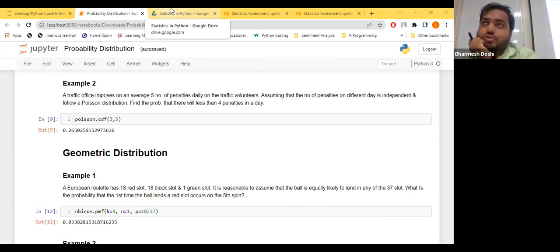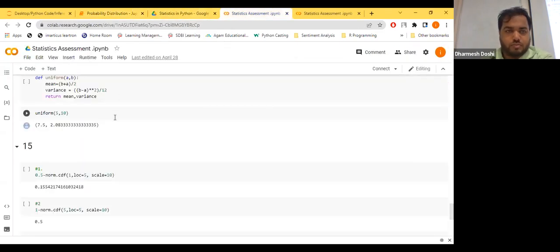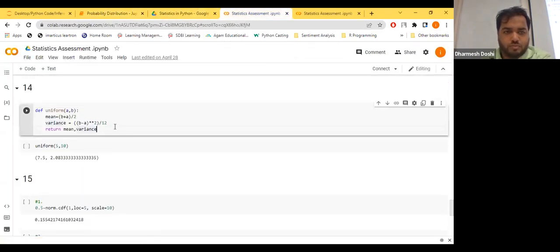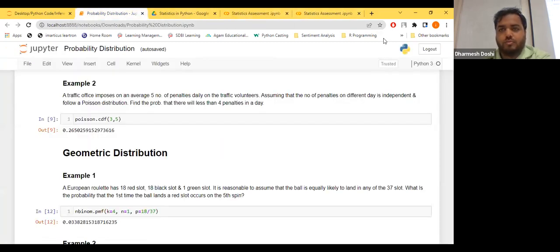Then the binomial when to use. Means you've done all three?